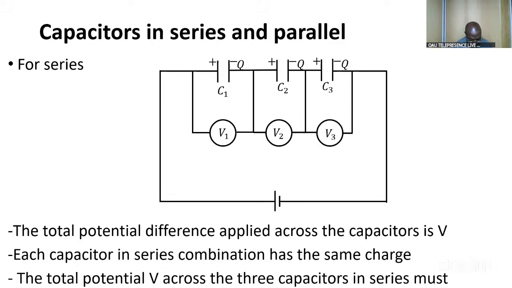A parallel plate air capacitor, air, A-I-R, air capacitor is made of 0.2 meters squared tin, T-I-N, tin plates, and 1 centimeter apart.